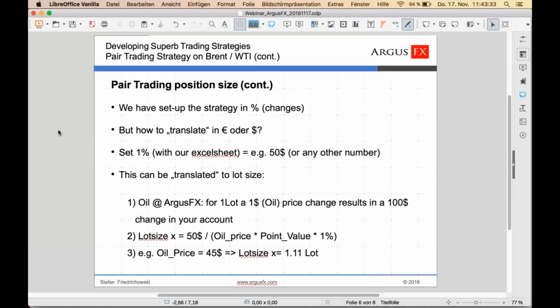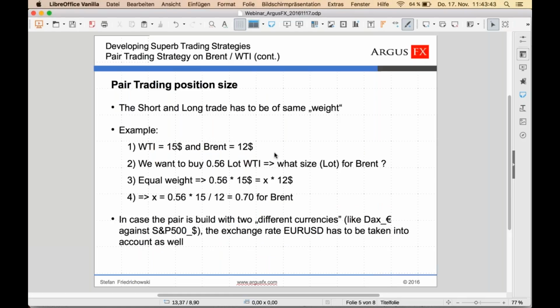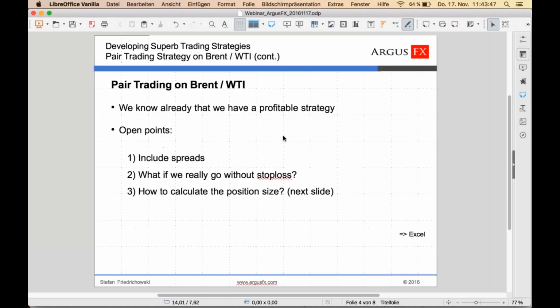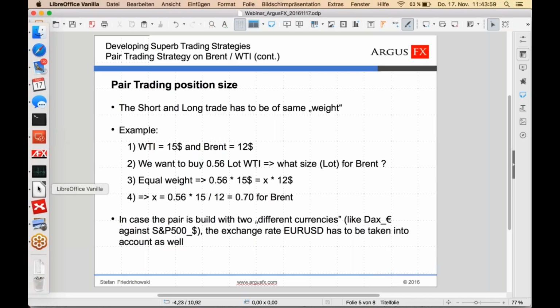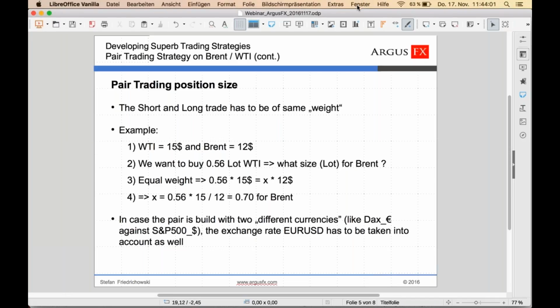So having said how to translate percentage changes into real currency numbers, and the concept that if you do pair trading, both sides need to be the same value, we can translate that to our Excel sheet as well.